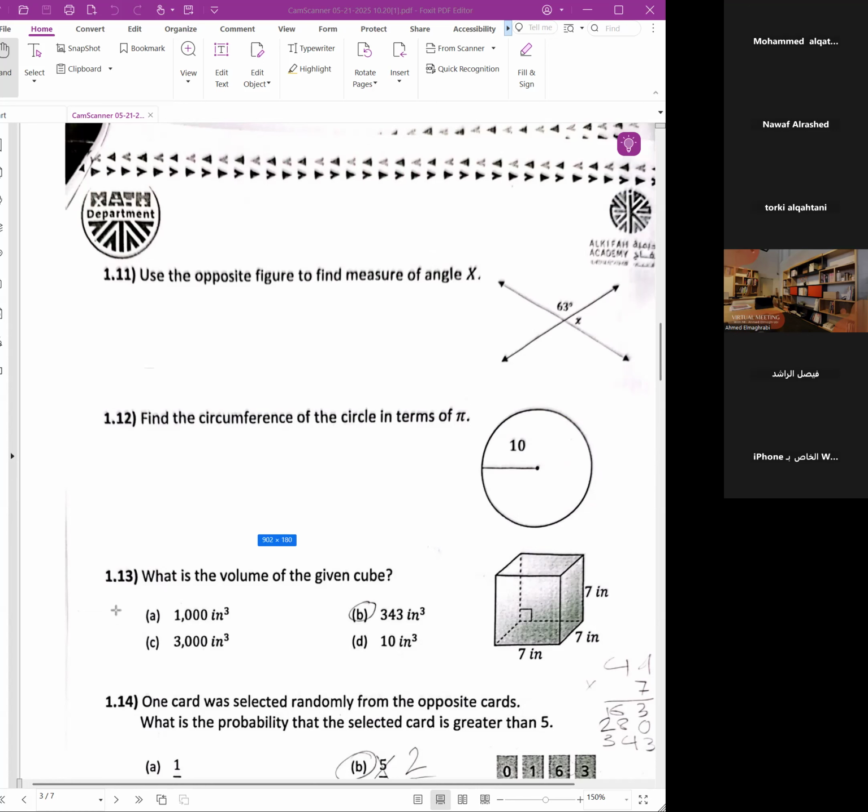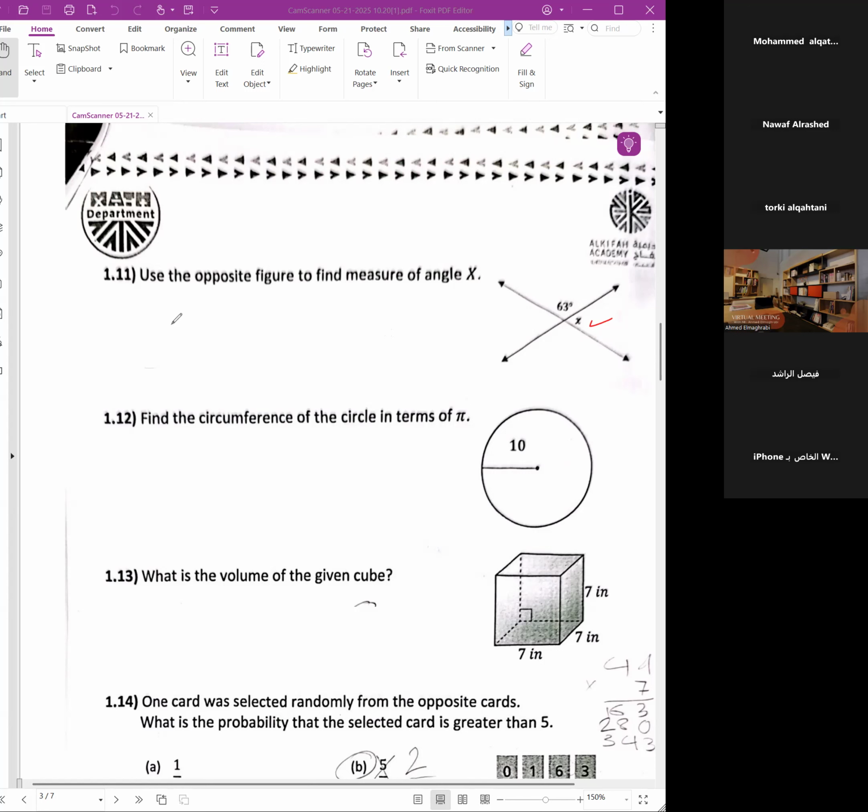Okay, now in 1.11, he asked me to use the opposite figure to find the measure of angle x. Find the measure of angle x.